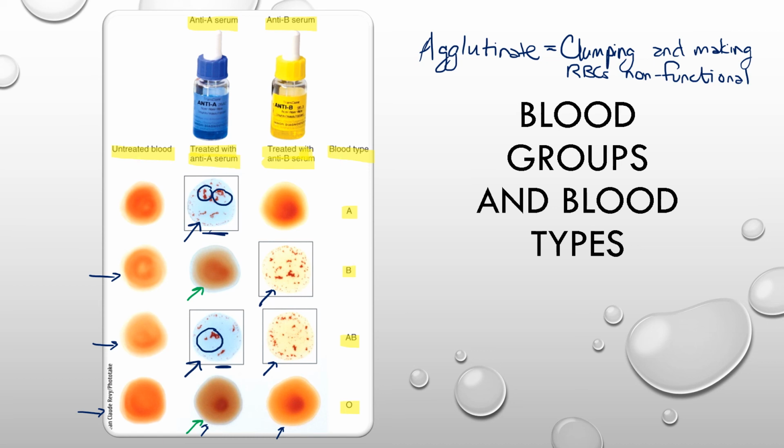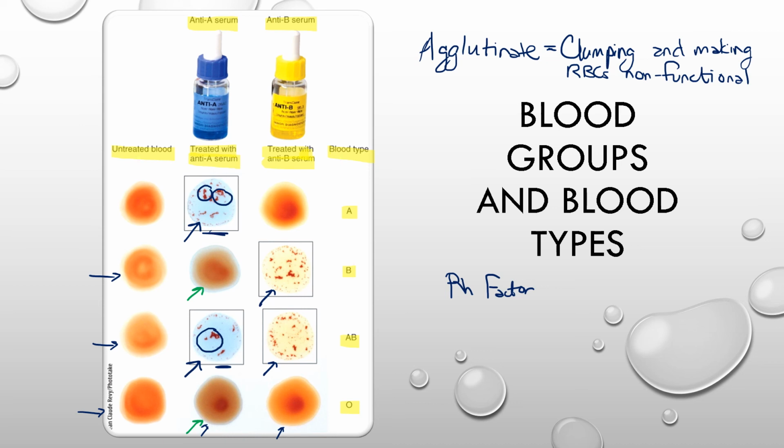Now pretty much the same procedure, or a very similar procedure, is done for determining Rh factor. So this is where a drop of blood is mixed with antiserum containing antibodies that will agglutinate with red blood cells displaying Rh antigens.